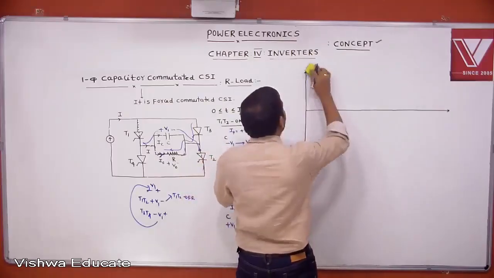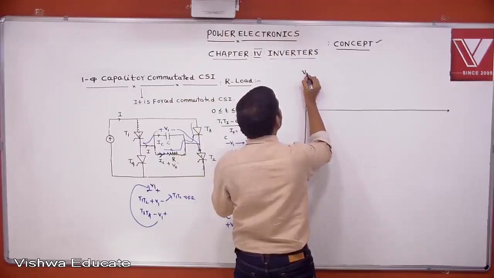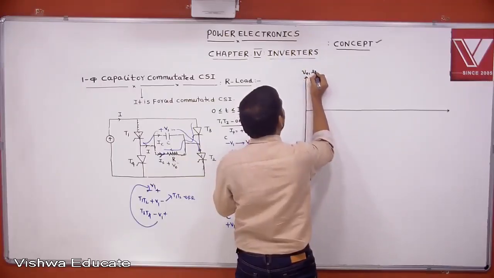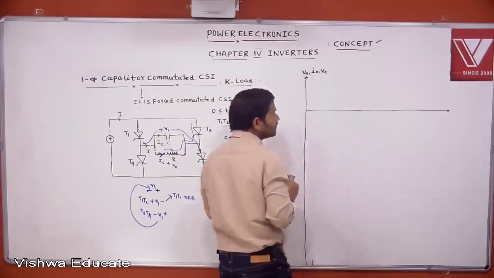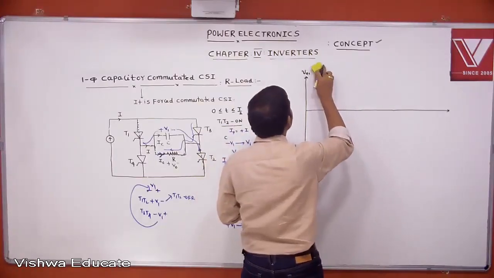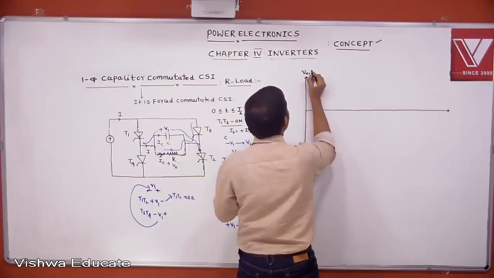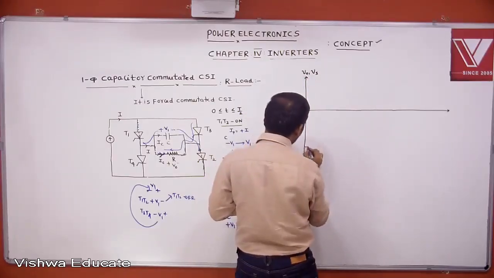These V naught, I naught, VC waveforms are same. If you take this is V naught and VC waveform, then I want to draw the I naught waveform.